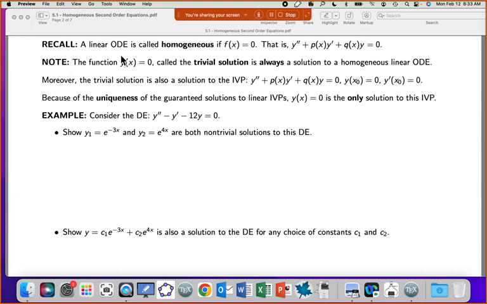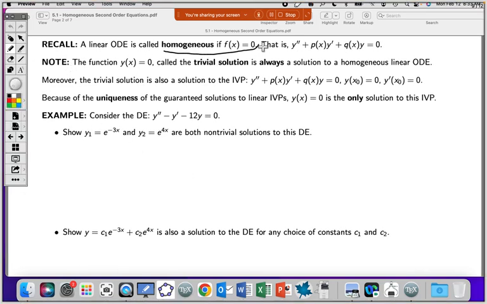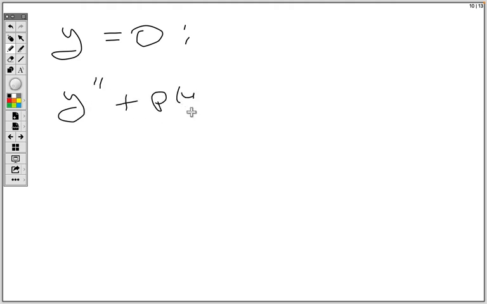Okay, recall, a linear ODE is called homogeneous if f of x equals 0. In other words, this is a homogeneous second order linear equation. And we have a function that will work for this, right? If I look at the function y equals 0, then certainly y double prime plus p of x y prime plus q of x y is all going to be 0.